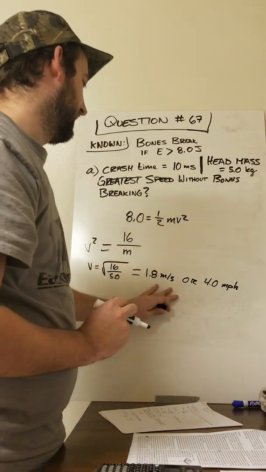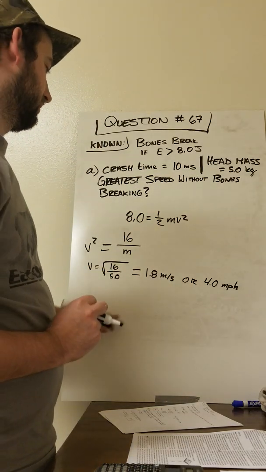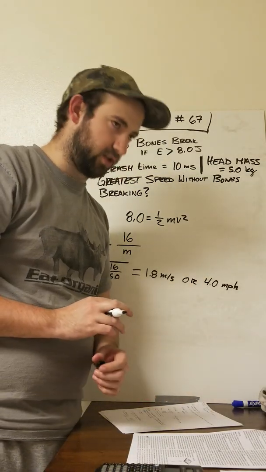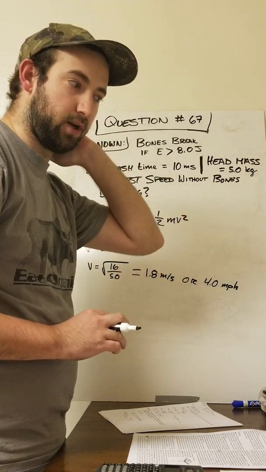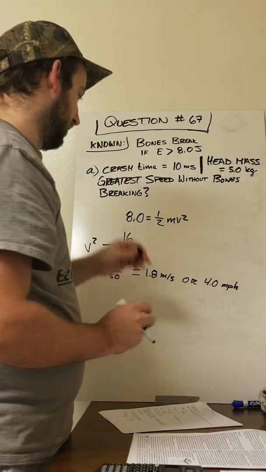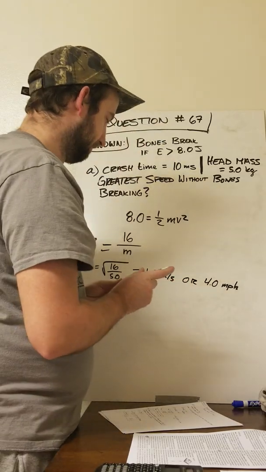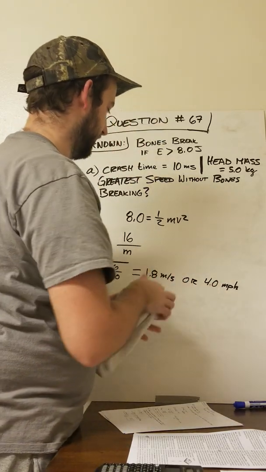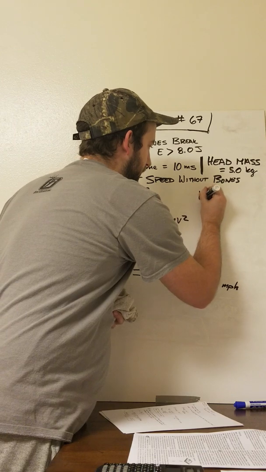So that's the very fastest that whiplash can occur without the bones in the neck breaking. So that's it for part A. We'll erase a little bit, we'll write the 1.8.